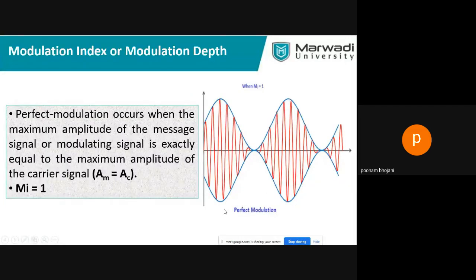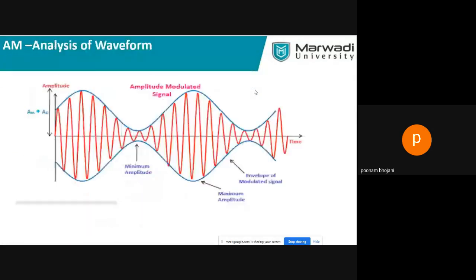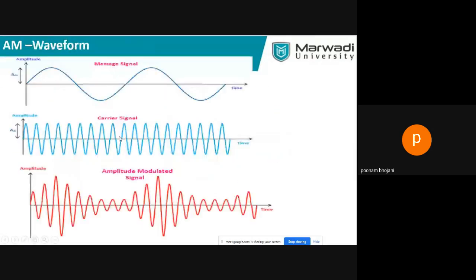First, perfect modulation. In perfect modulation, the modulation index will be equal to 1. As I told you, if AM equals AC, and the minimum amplitude is AC minus AM, then AC minus AM will be equal to 0.